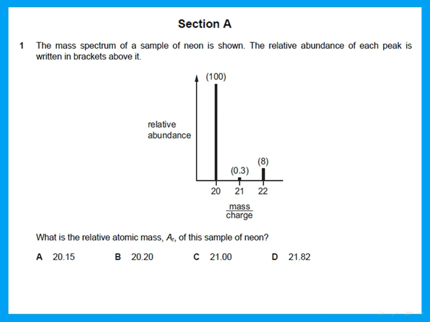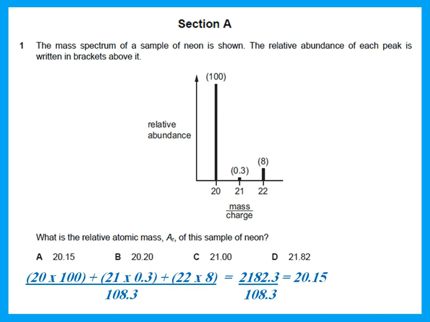Remember, we look at the mass, which is the number on the x-axis, and we multiply it by the relative abundance. So I have a mass of 20 with a relative abundance of 100. So 20 times 100 plus the next one, 21 times 0.3 plus the next one, 22 times 8.